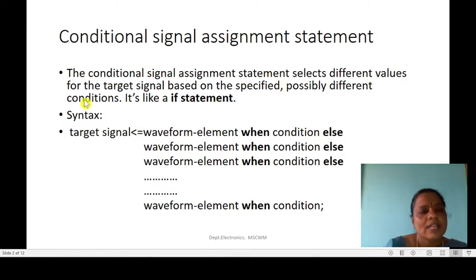Now let us study the syntax of the conditional signal assignment statement. It begins with the target signal. Target signal is nothing but the output signal. Next the signal assignment symbol, and next waveform element, when, condition, and the else.